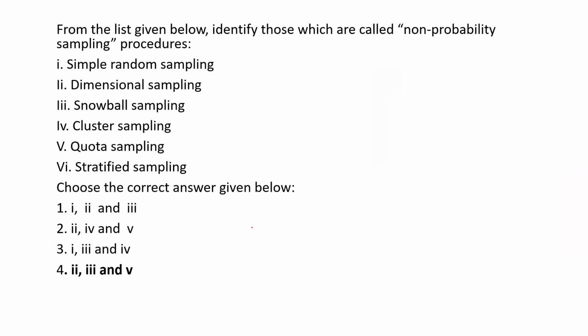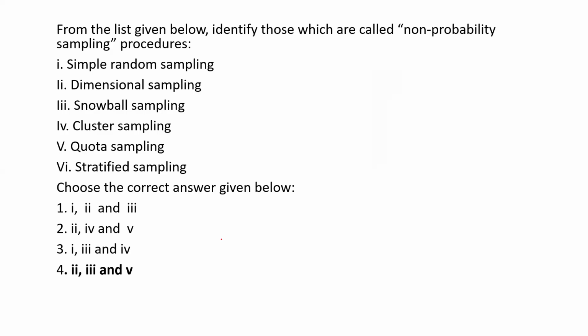From the list given below, identify which are called non-probability sampling. What is non-probability? I think it's quota sampling, dimensional sampling, and snowball sampling. So dimensional, snowball, and quota sampling, that's our answer.